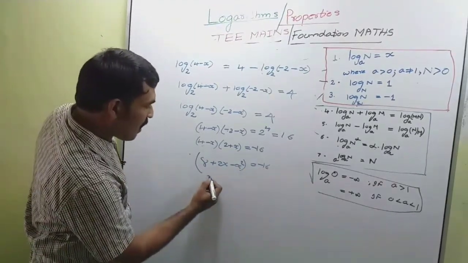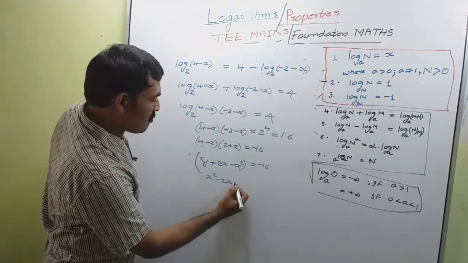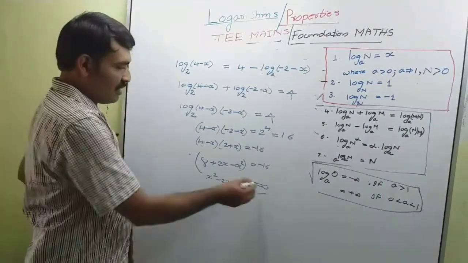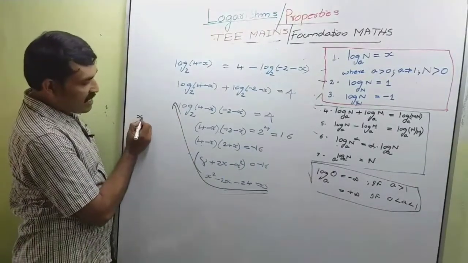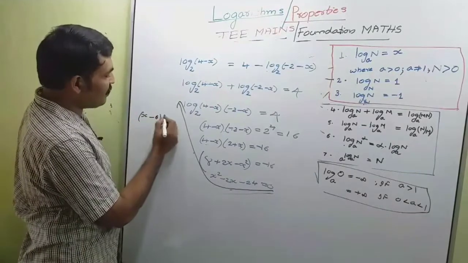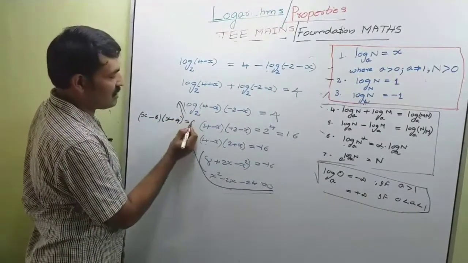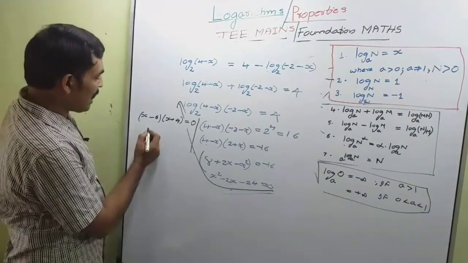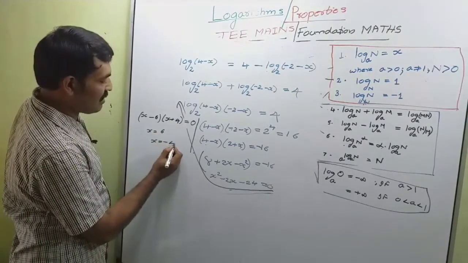Or x square minus 2x minus 24 is equal to 0. Now, factorize this as (x minus 6) into (x plus 4) is equal to 0. Or x is equal to 6 or x is equal to minus 4.